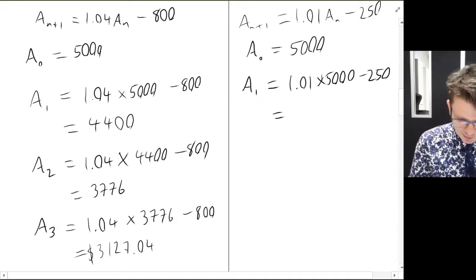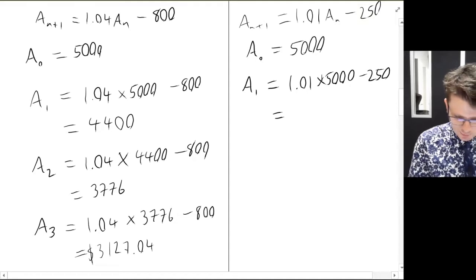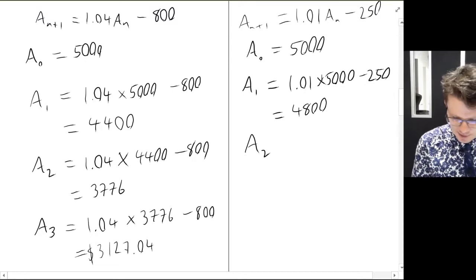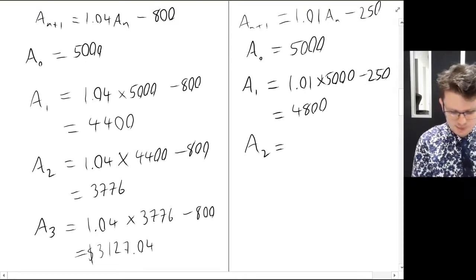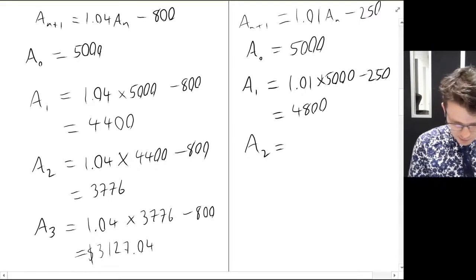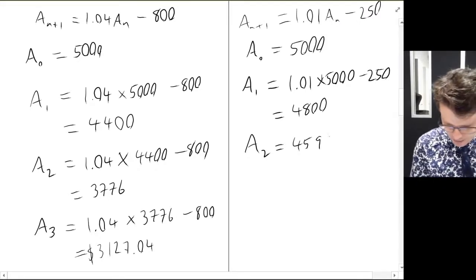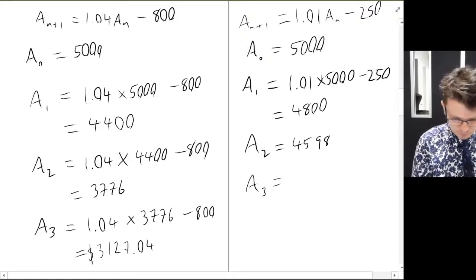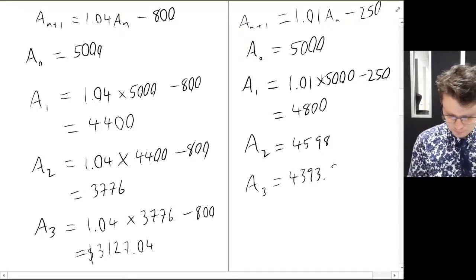So after one month, we're left with 4,800. Now this is a really good sign that it's going down. Your A2 should have gotten 4,598, and your A3 you should have got 4,393 and 98 cents.